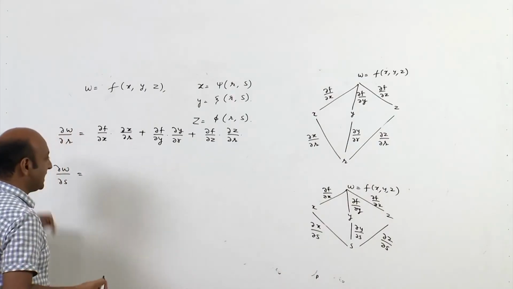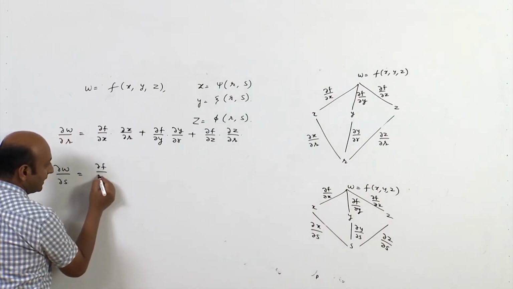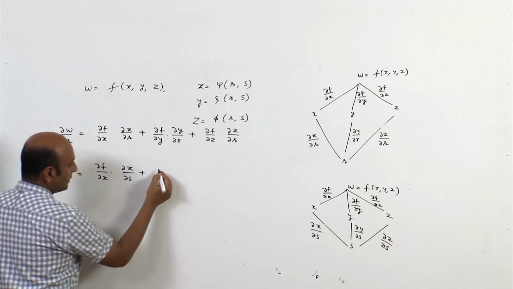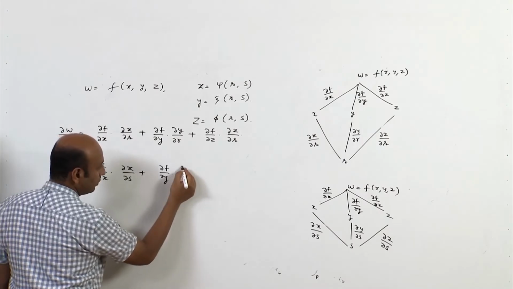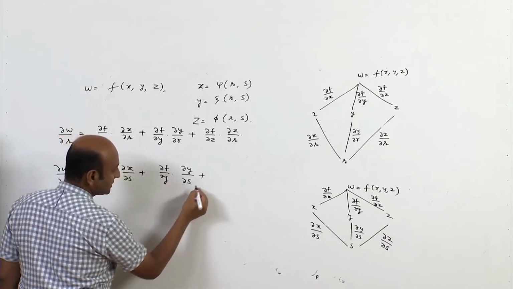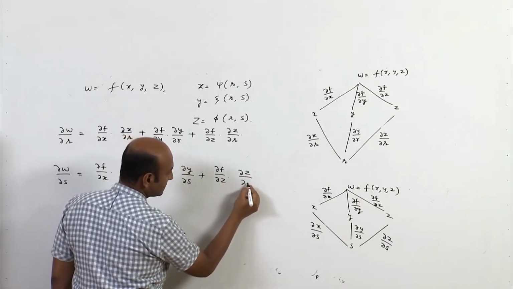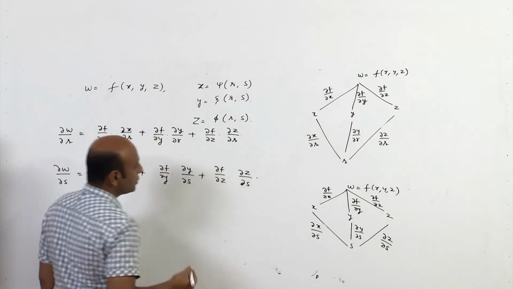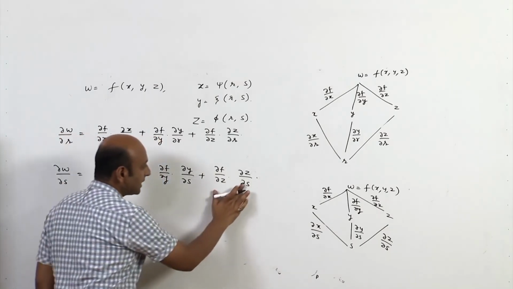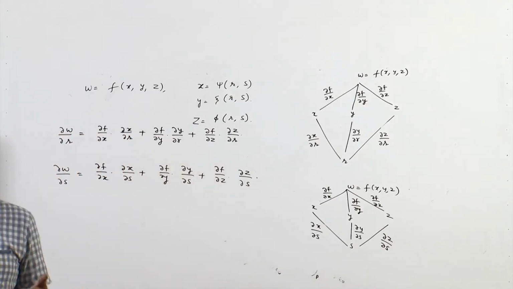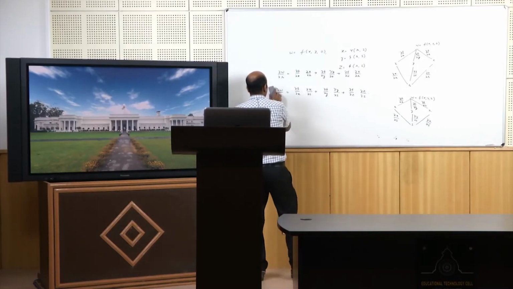So, del w by del s similarly will be del f by del x into del x by del s plus del f by del y into del y by del s plus del f by del z into del z by del s. So, that is how we can compute del w by del r or del w by del s in such type of problems. Now we will try to solve some problems based on this first.